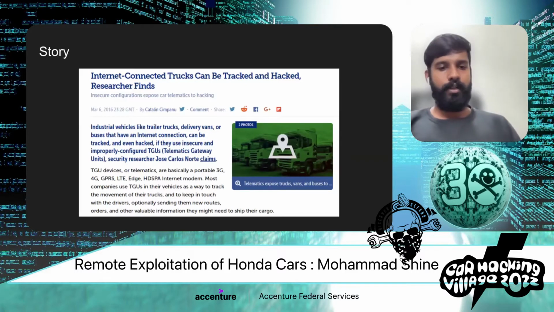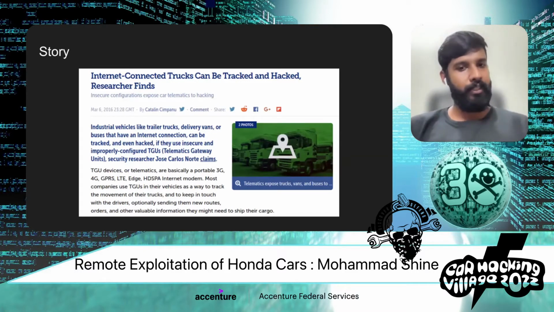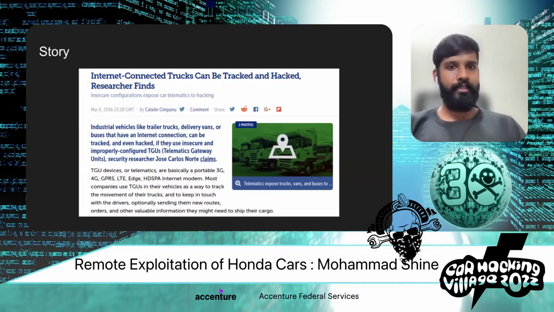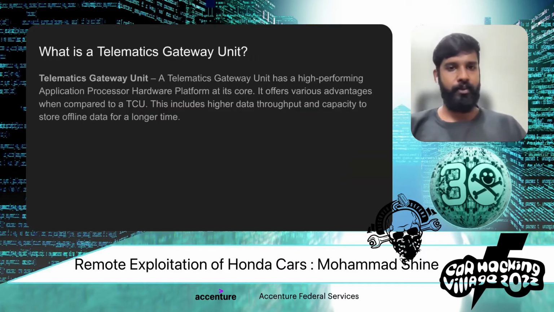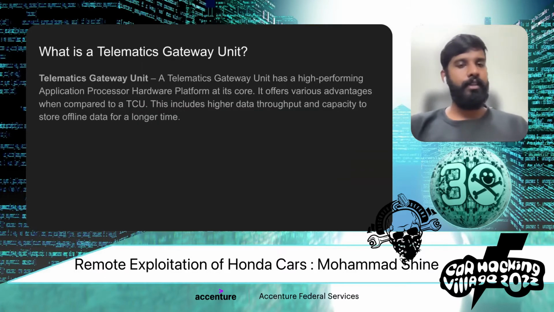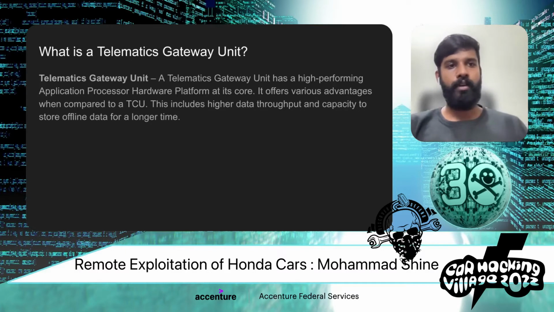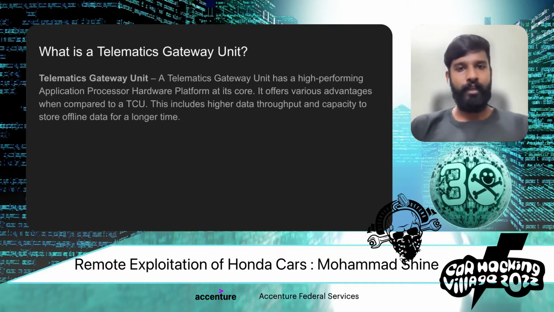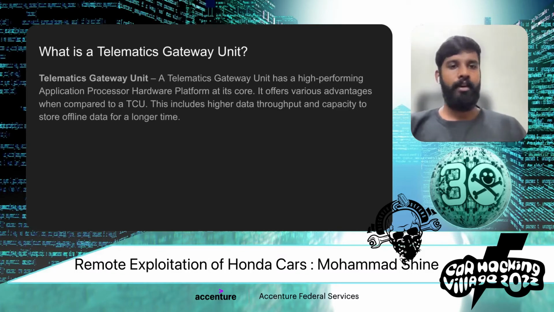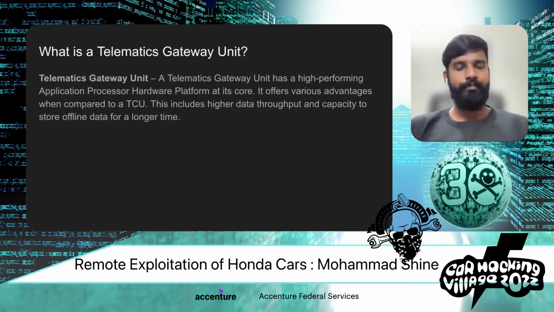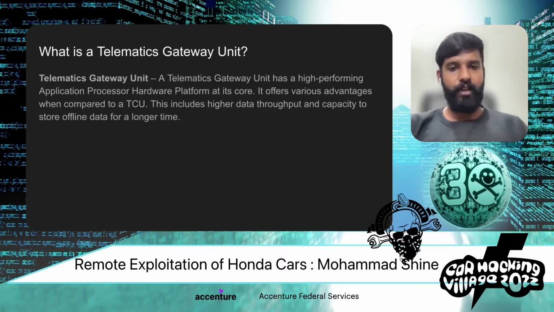I was amazed by reading this, and after that I started researching the telematics control unit. The telematics gateway unit was the one the researcher used to hack. A telematics gateway unit has higher performance than a telematics control unit. A telematics control unit is an embedded hardware that is used to connect your car to the internet.